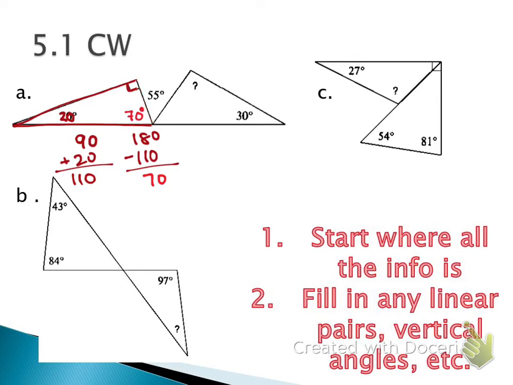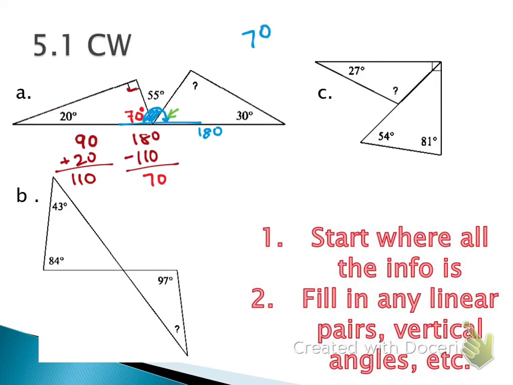That is the first step. The second, we want to keep moving information towards the question mark. So the question mark is in a triangle of its own. So if we knew this angle, then we'd very easily find the question mark. We can find that angle. It's sitting on a straight line, right, or a straight angle. How many degrees is a straight angle? 180. So how much of the 180 do we already know? We know 70 and 55, right?